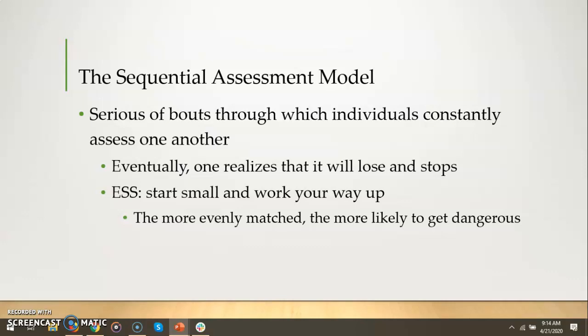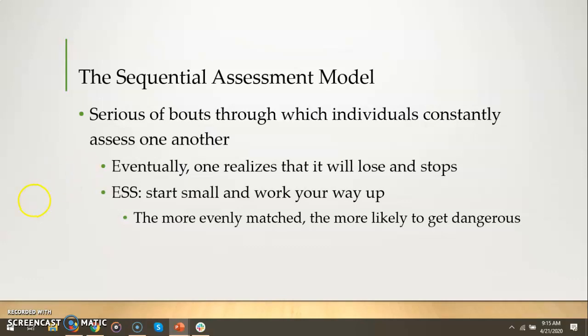And so therefore these fights tend to continue and they tend to get very dangerous and very deadly in some cases, because being evenly matched, each is not going to convince the other through non-dangerous means to give up. So in a way, these can be more dangerous than some of the other models, simply because, as I mentioned before, one individual is much less likely to completely convince the other to give up.